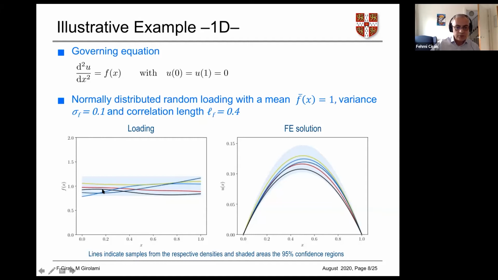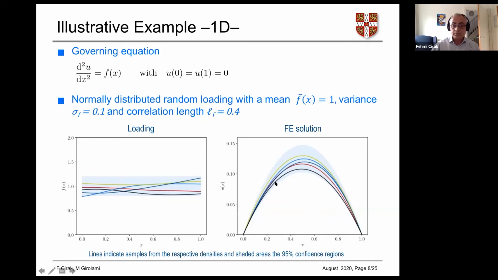For each one, we solve the finite element model and obtain a temperature distribution, which is shown on the right, okay? The lines are color-coded, as you can see.